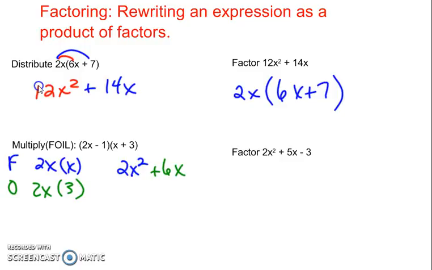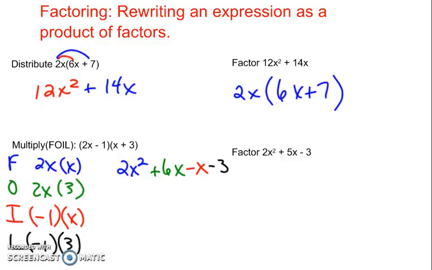Inner, that's going to give us negative 1 times x, minus x. And last, negative 1 times 3, so minus 3. So when we combine like terms, we get 2x squared plus 5x minus 3.